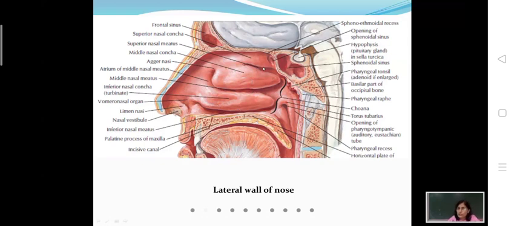Below and lateral to these conchae are spaces called the meatuses. So there are three conchae; likewise, there will be three meatuses. The middle nasal concha is the largest concha, whereas the superior nasal concha is the smallest, whereas the inferior nasal concha is the largest.